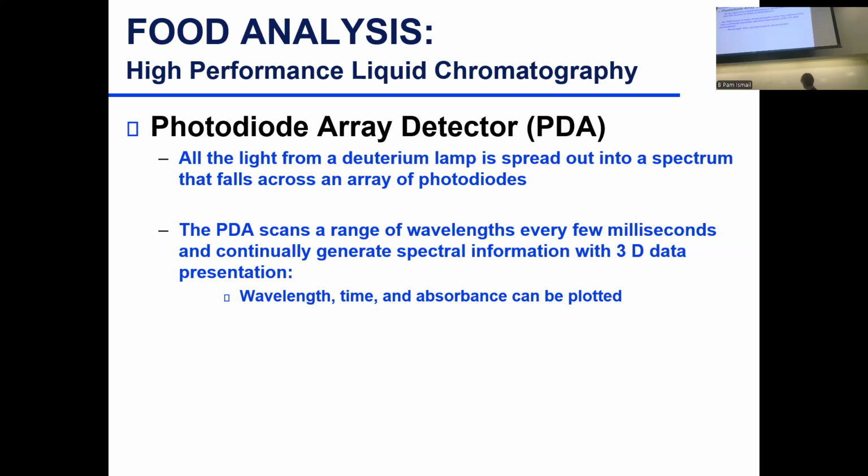Sometimes you don't get an absorption at a particular wavelength. Sometimes you get an absorption, but it's not ideal. So you don't want to select this lambda because it's not the maximum sensitivity. So you get the one where you have the highest absorption. So PDA not only allows you to quantitate at a particular wavelength, but it shows you the fingerprint of that molecule. And how is that beneficial?